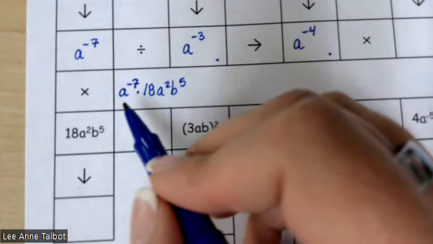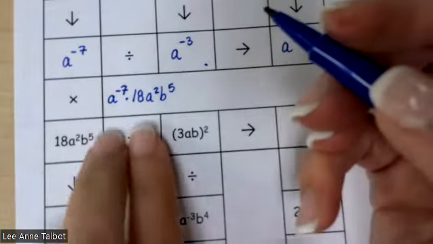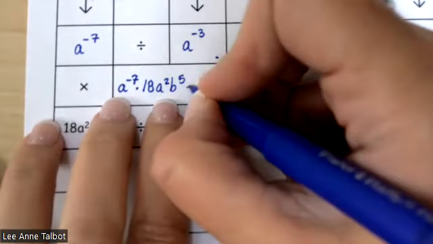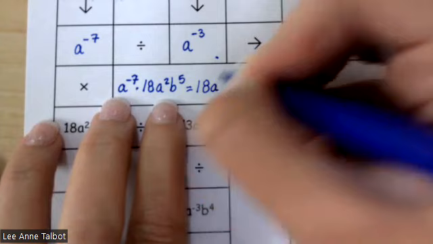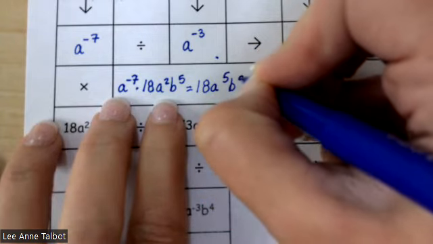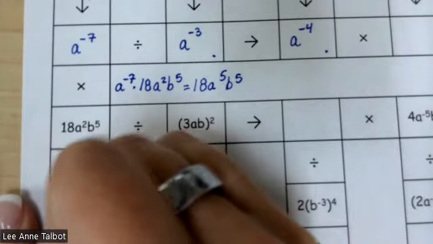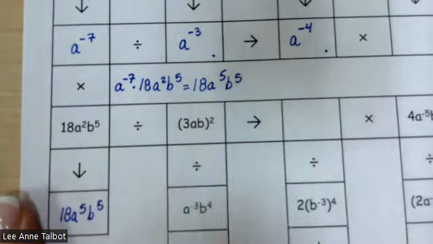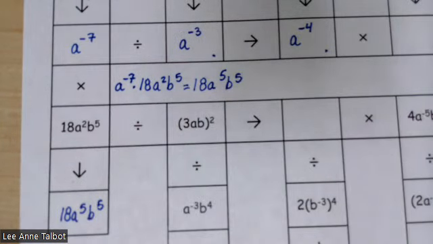Times is addition, right? But which one should I add it to? You're right. So 18a 5b 5. Is it negative 5?